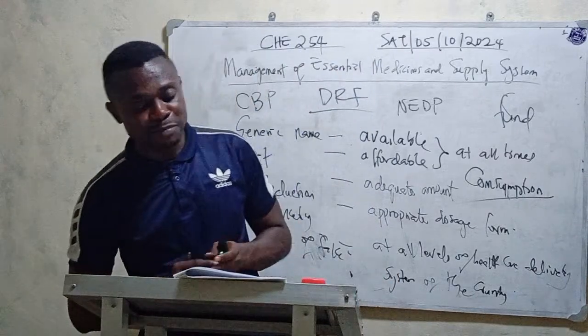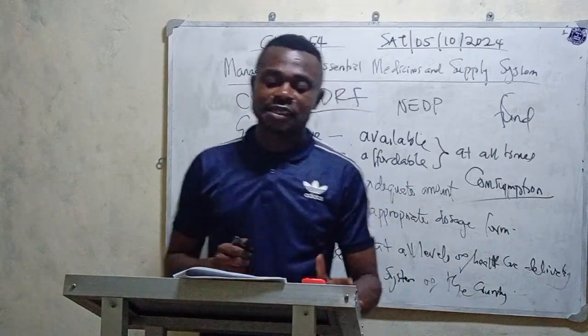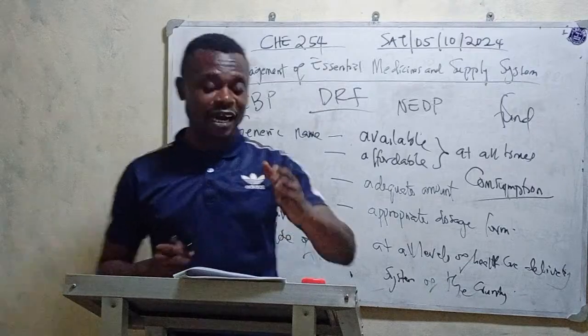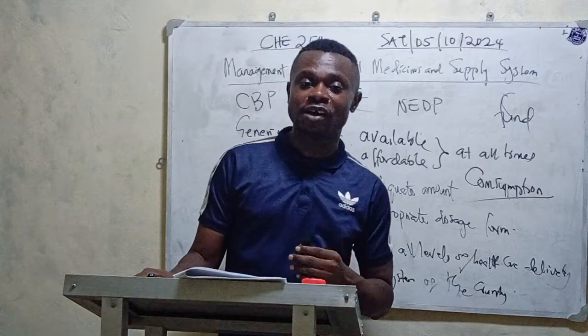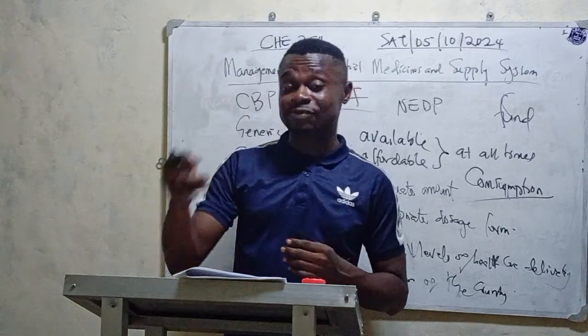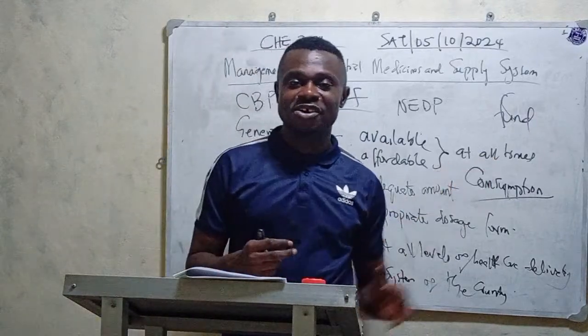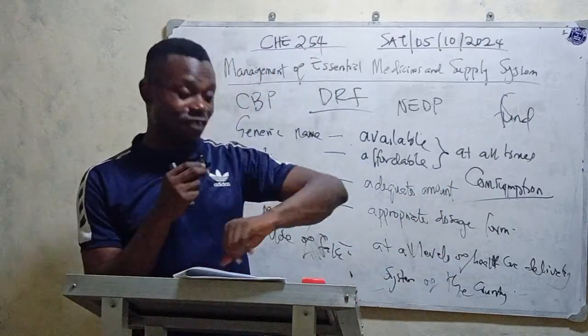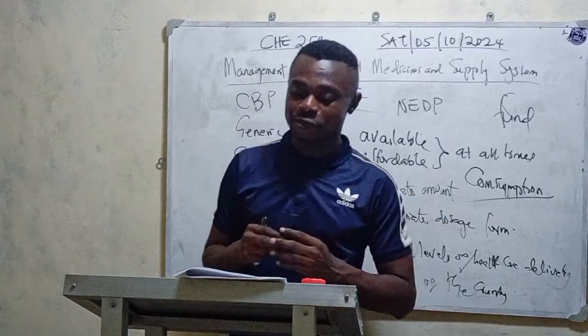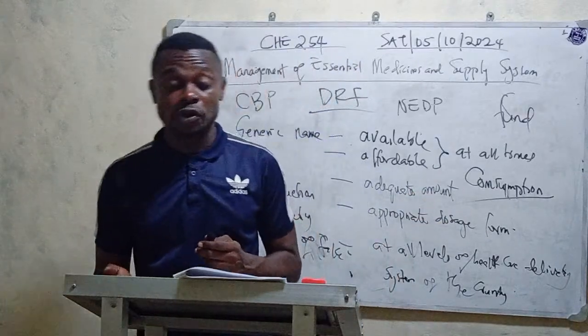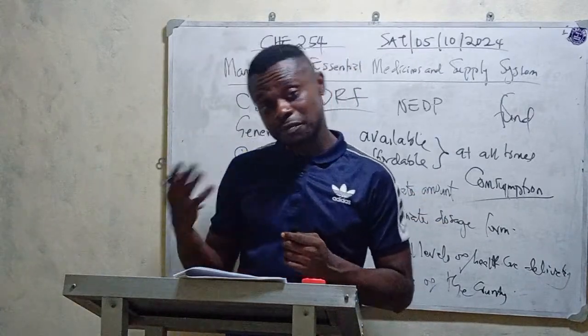So, the national essential medicine list. These drugs are classified under the following headings. You start seeing things like analgesics, the ones for pain, also inflammation and fever.